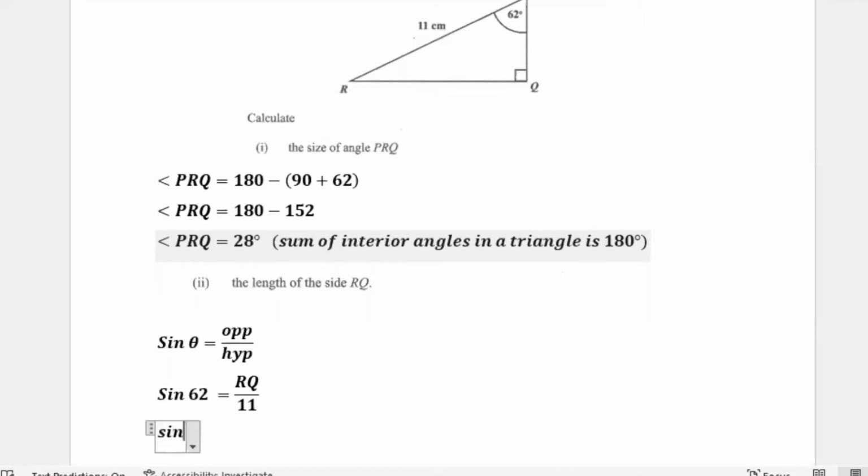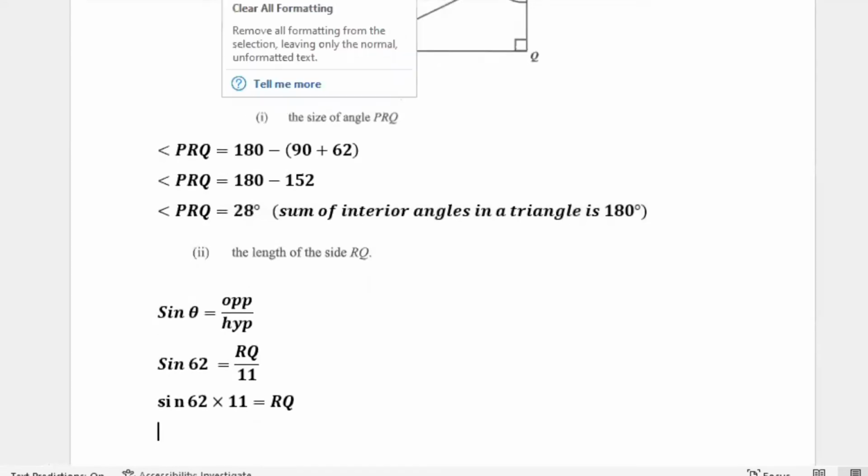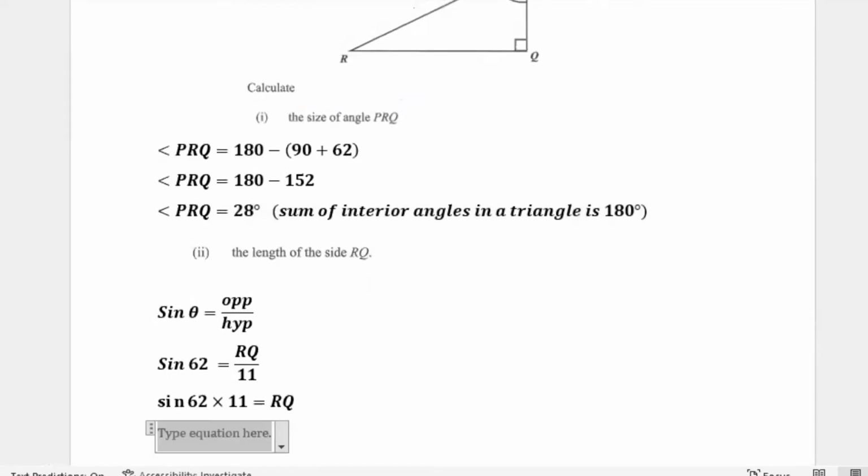So we get sine 62 multiplied by 11, and that will give us RQ. When you work that out, you will get 9.7, or more exactly, what I got is 9.71 centimeters for RQ.